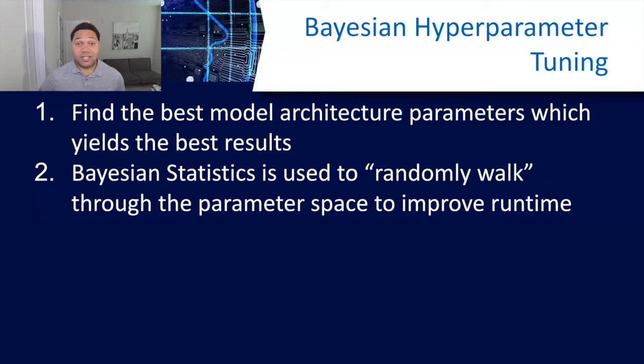Then what happens is it starts assuming based off of that prior information about your parameters and looks at the posterior, aka the predictions that were made and the metrics that were then created. It's able to relate those priors to the posterior and use Bayesian statistics to randomly walk through the parameter space in a way that gets to the actual root, or really close to the actual minimum of your function.